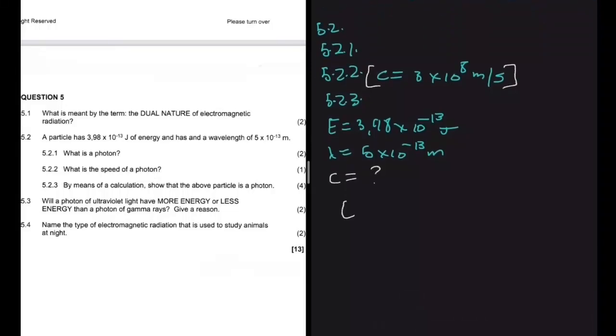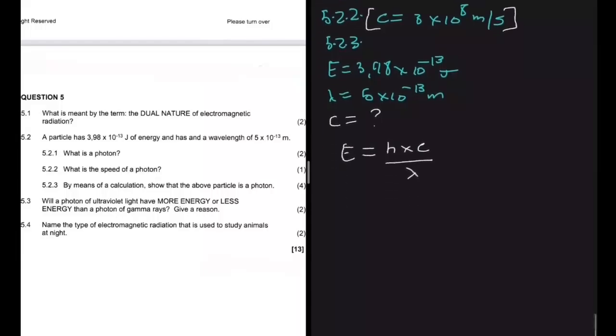We know that the energy is equal to Planck's constant multiplied by speed of light divided by the wavelength. Right, and then what is the energy? It is given to us. We have 3.98 times 10 to the minus 13. And then what is Planck's constant? 6.63 times 10 to the minus 34.